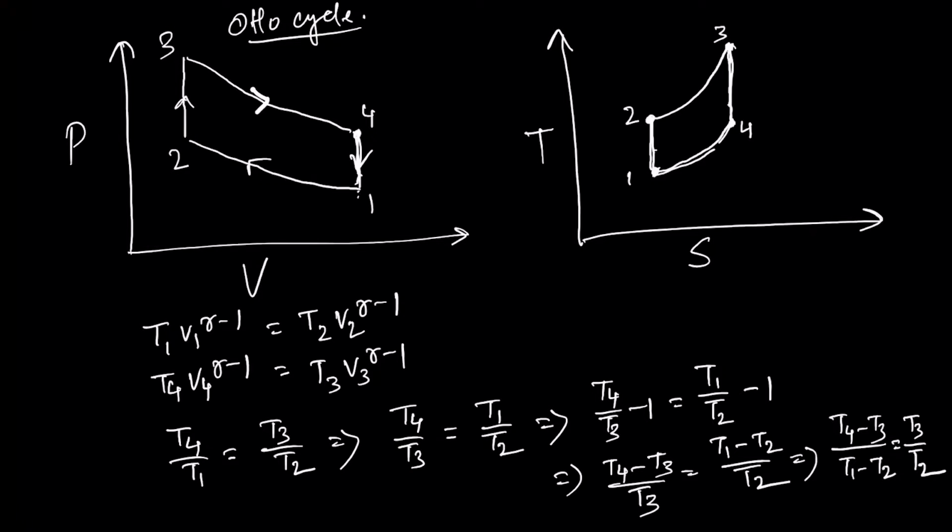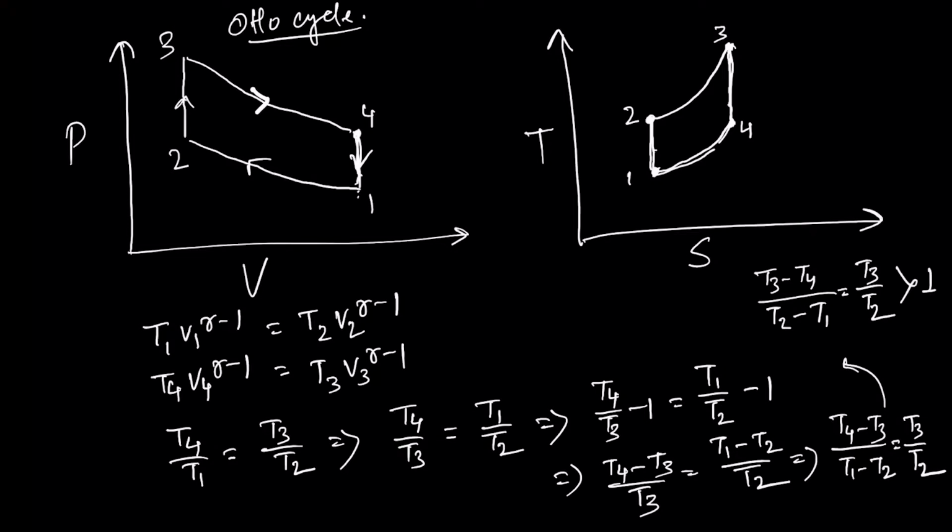Following that till now? Now, 4 is lower temperature than 3 and 1 is lower temperature than 2. So, we can rearrange it and write T3 minus T4 by T2 minus T1 is equal to T3 by T2, fine. Now, which is bigger, T3 or T2 temperature?